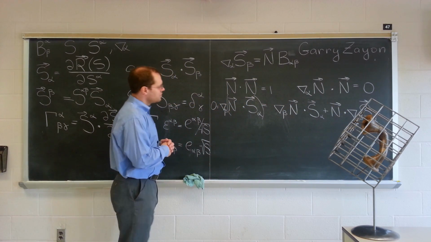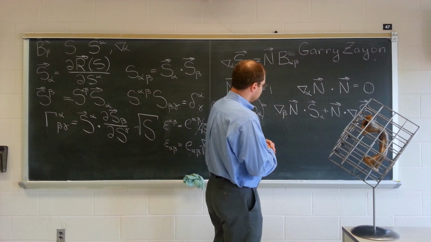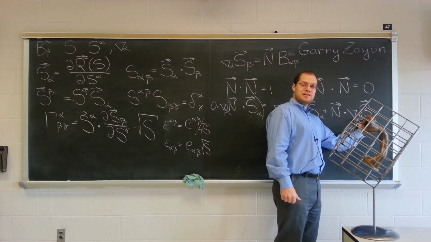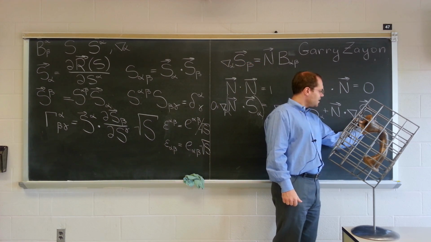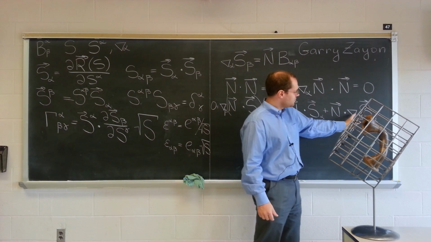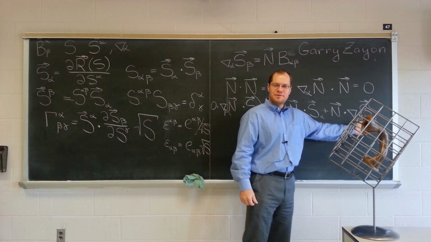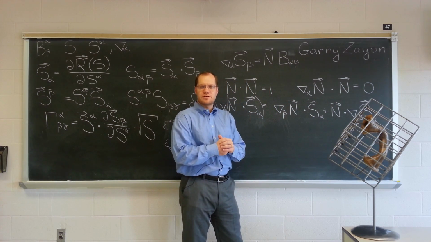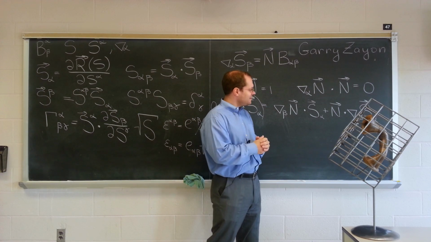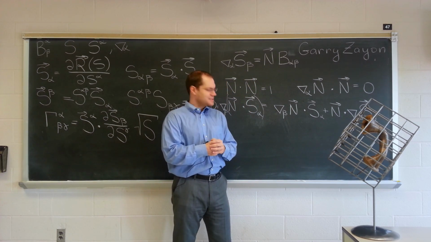Okay. Let's see what happens here. So we recognize what this object is. This object is the normal times B alpha beta. It looks like B beta alpha, but as we discussed, it's symmetric. I don't think I've actually ever shown it, but I will fill that gap at some point.